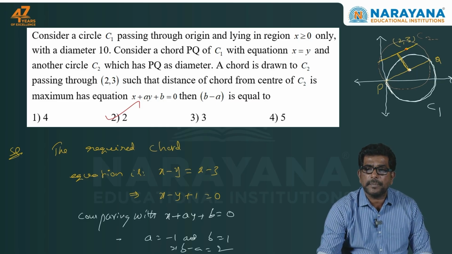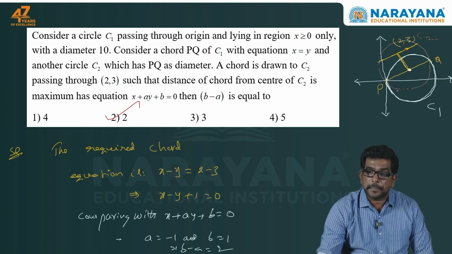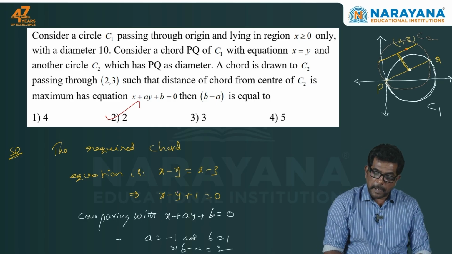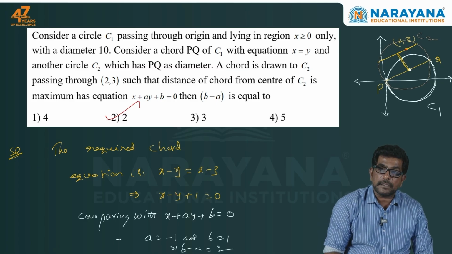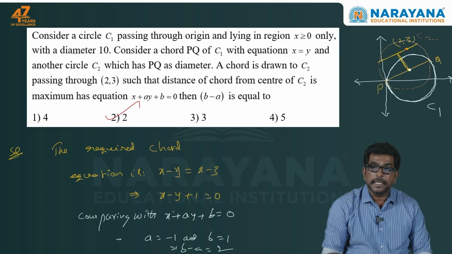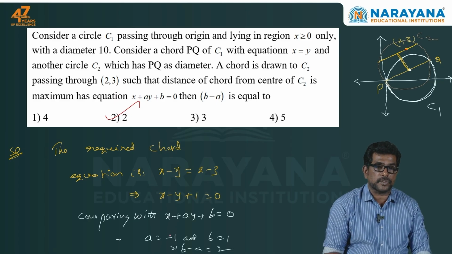When that is possible, definitely the required chord is parallel to the PQ line. Then we get the maximum distance. That's why the required chord is parallel to the PQ line and passing through (2, 3). Hence the required equation of the chord is x minus y plus 1 is equal to 0.